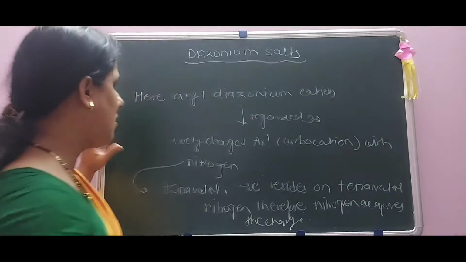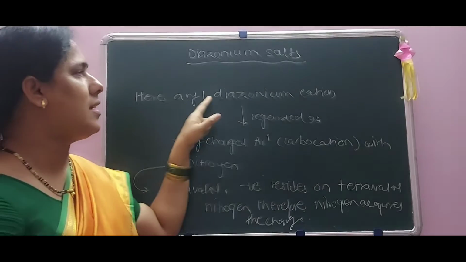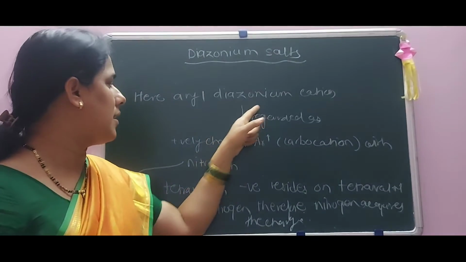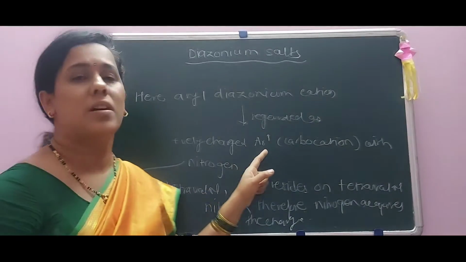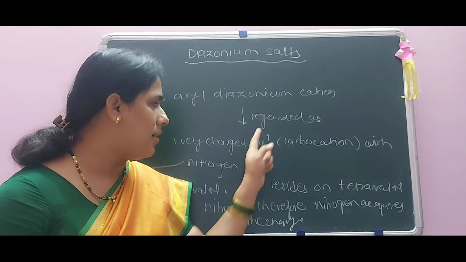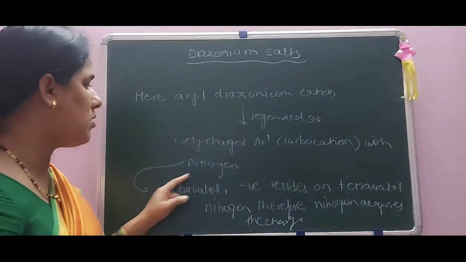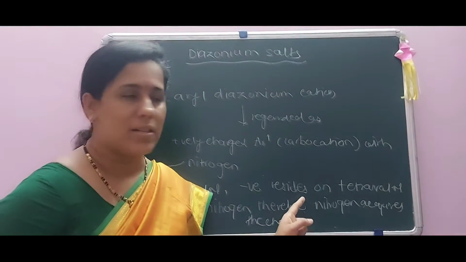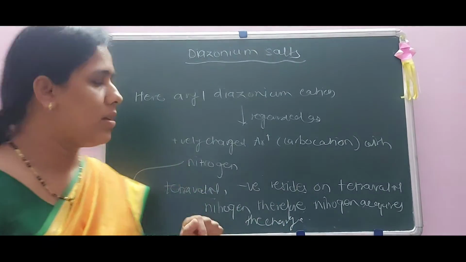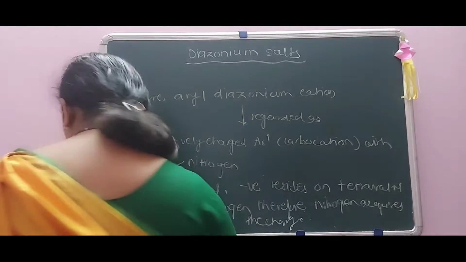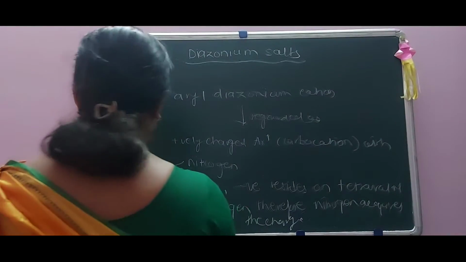The aryl diazonium cation is regarded as a positively charged carbocation, that is a phenyl cation, with a nitrogen, and as the nitrogen is tetravalent, the negative charge resides on the tetravalent nitrogen. Therefore, the structure of this is as follows.